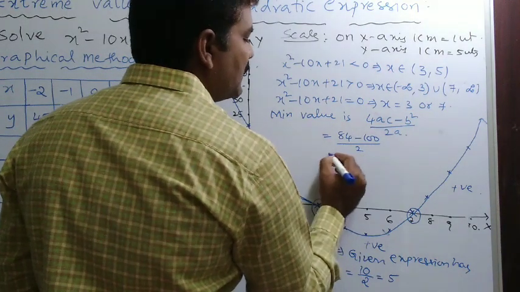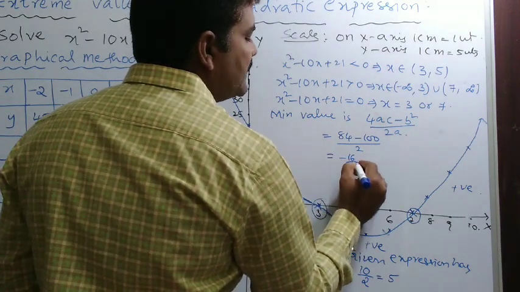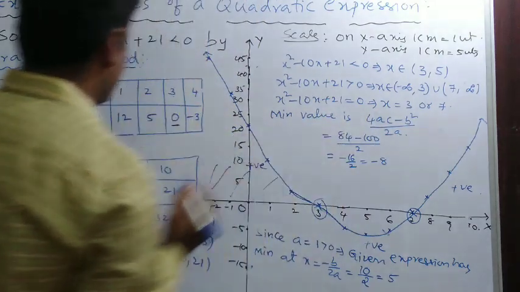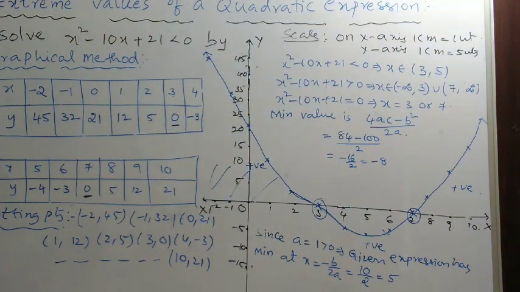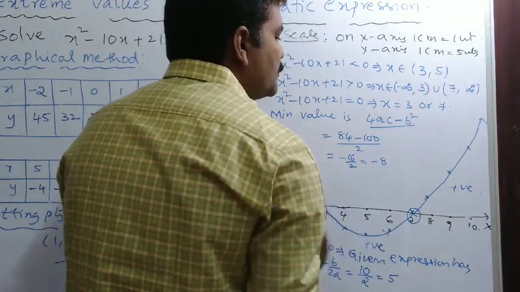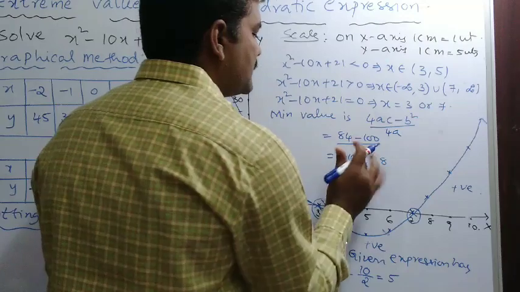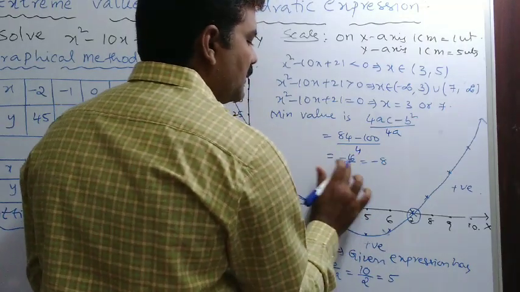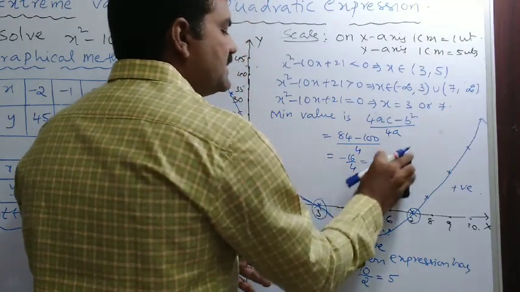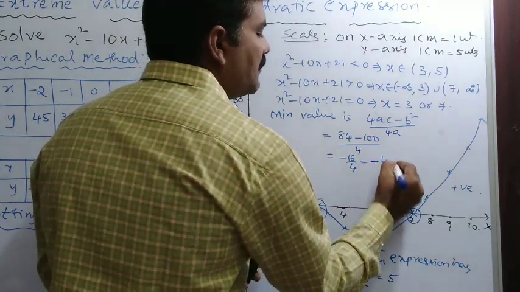Hence this is minus 16 by 2, which is equal to minus 8. Sorry, 4ac, 84, minus b square, by 4a, not 2a, by 4a, hence minus 16 by 4, which is equal to minus 4.